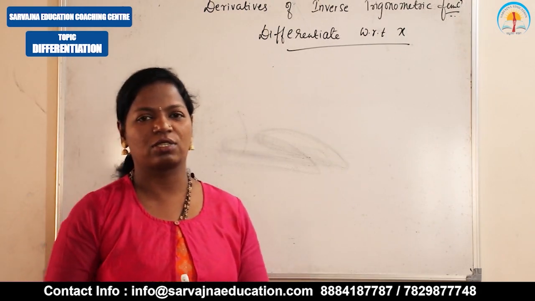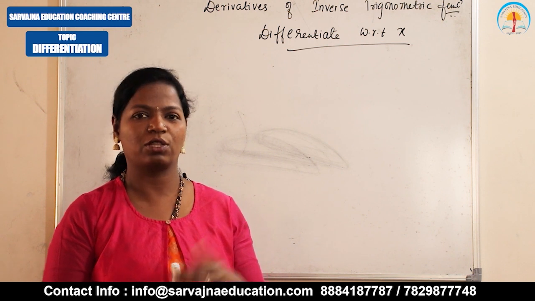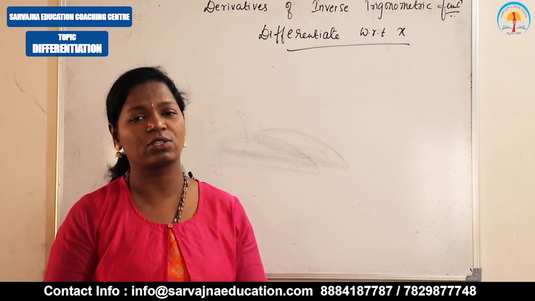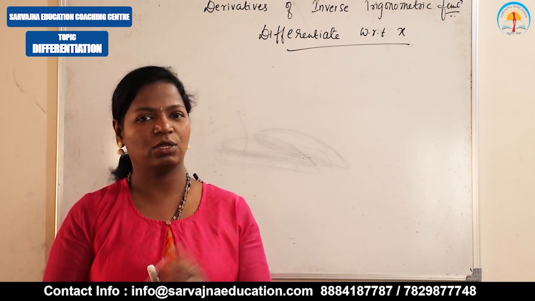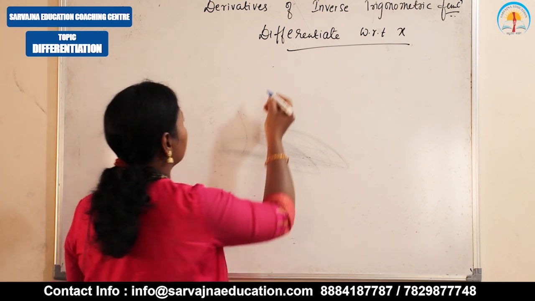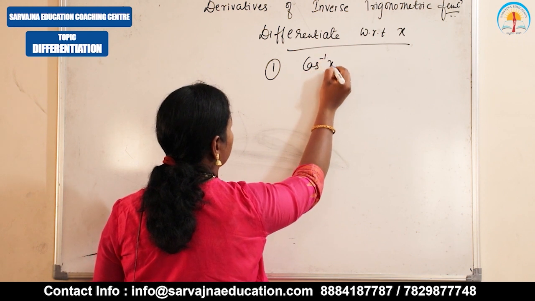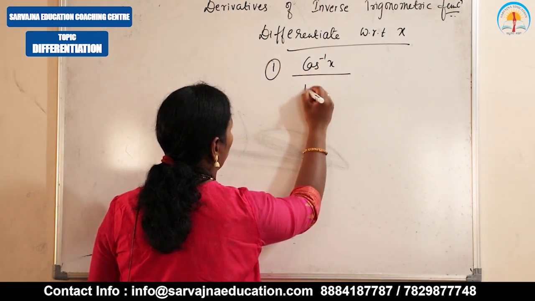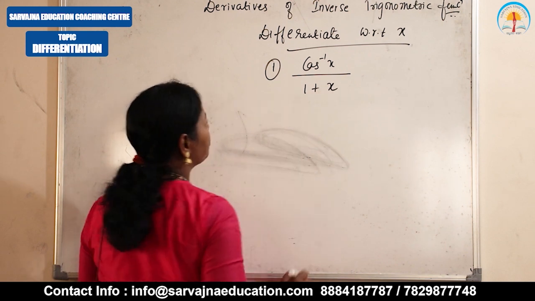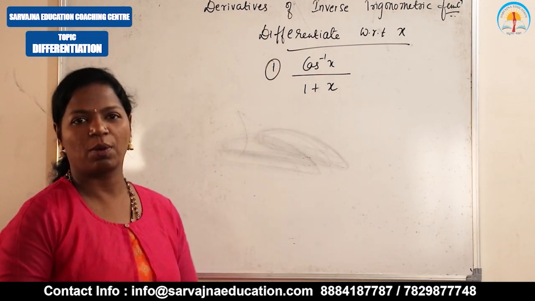We saw the functions including the inverse trigonometric function in the product form, correct, right? So now we'll see the functions in the quotient form: cos inverse x divided by 1 plus x. See, it is a quotient form, correct, right?